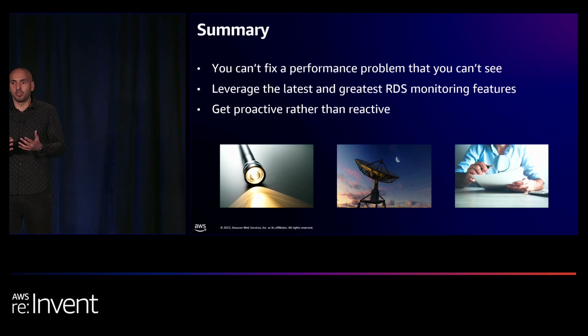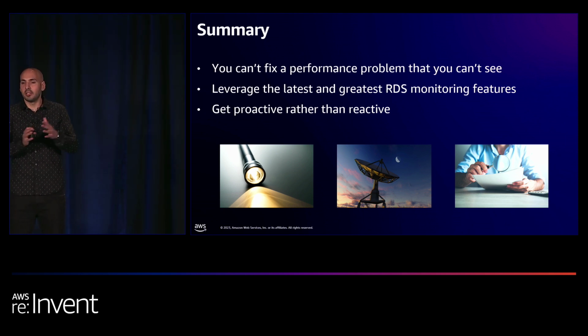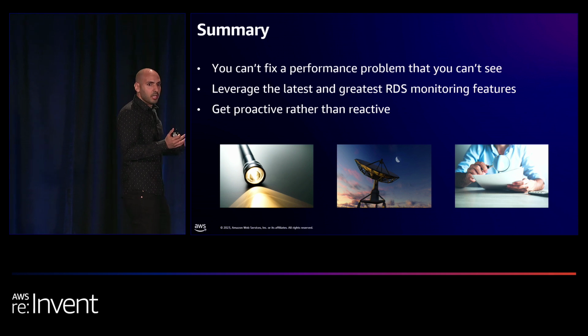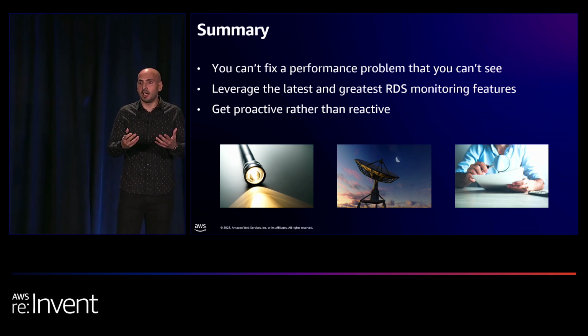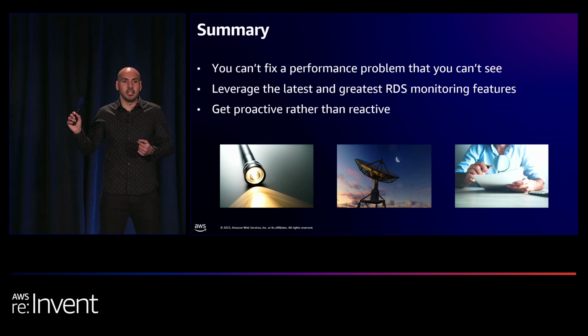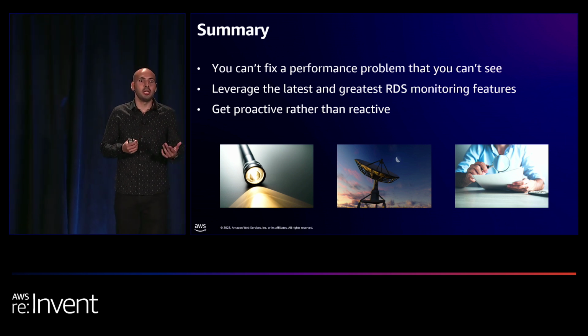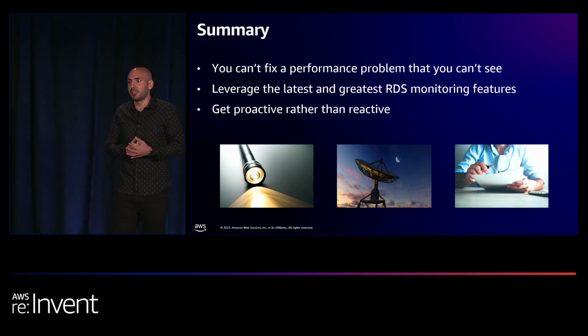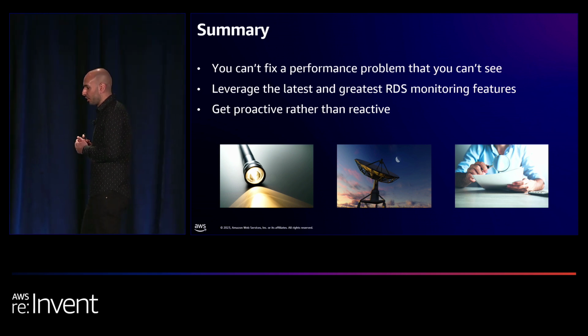So for example, we talked about the dynamic threshold in Amazon CloudWatch, which analyzes past metric behavior, knows the expected baseline range at any point in time, and can notify you about deviation from the baseline. Maxim showed you some features which allow you to be more proactive, like exporting Performance Insights metrics into Amazon CloudWatch. So now you can be alerted on Performance Insights metrics, which is a very significant announcement for performance monitoring.